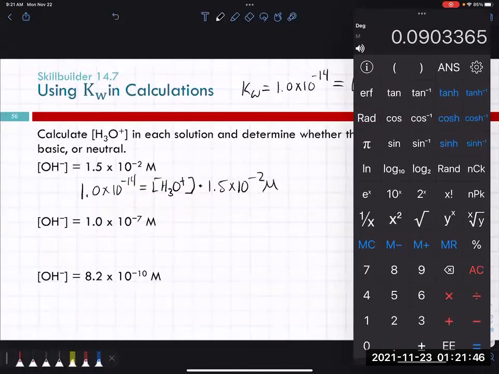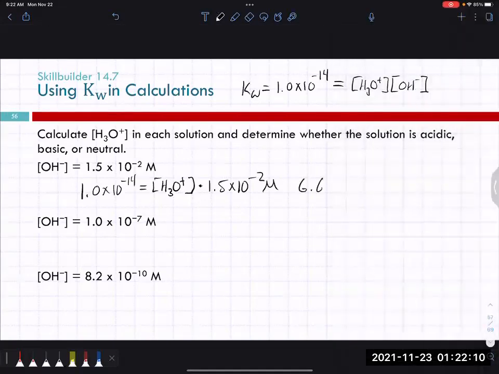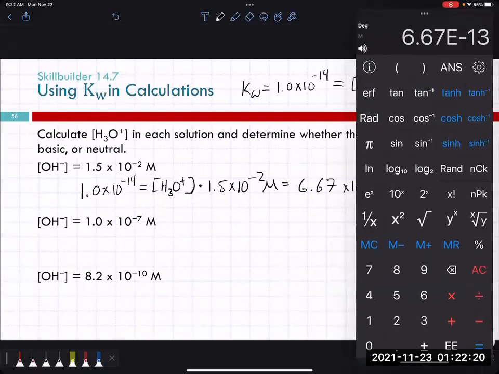So then we'll get 1.0 times 10 to the negative 14 divided by 1.5 times 10 to the negative 2. So then our hydronium concentration will be 6.67 times 10 to the negative 13.